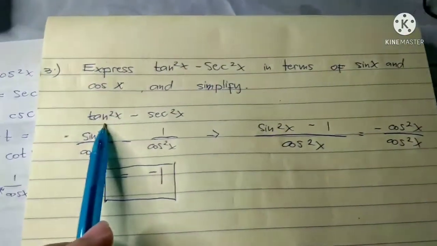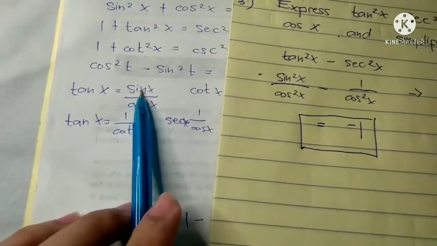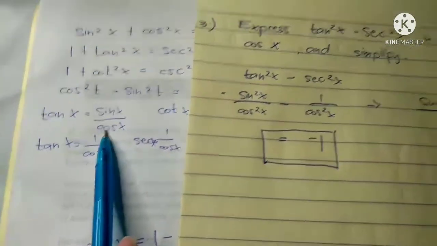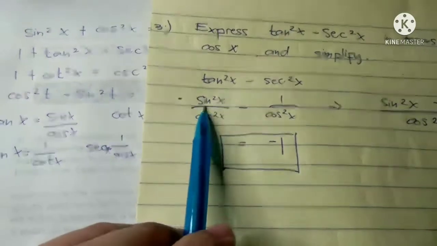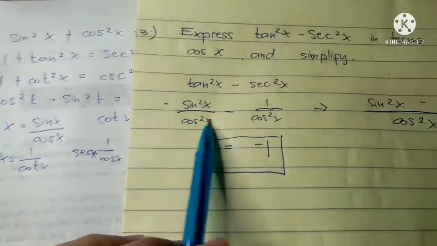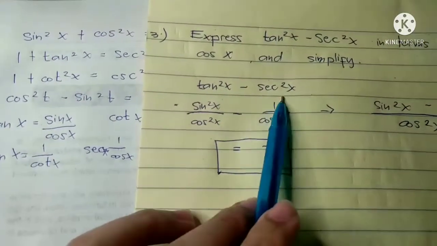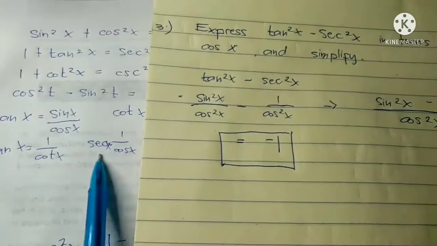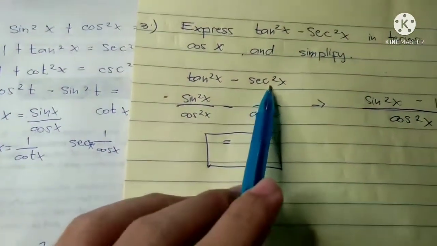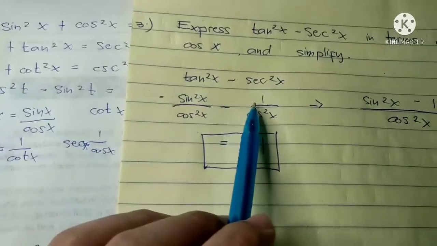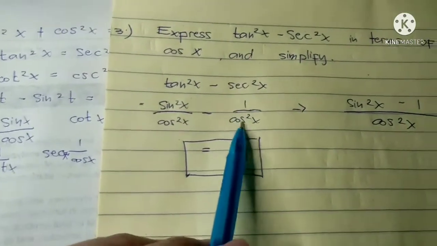So our tangent squared x is, you can see here, tangent is sine x over cosine x. Since it is squared here, we can write it as sine squared x over cosine squared x minus our secant squared x. Our secant is 1 over cosine, and since it is squared here, we can write it as 1 over cosine squared x.